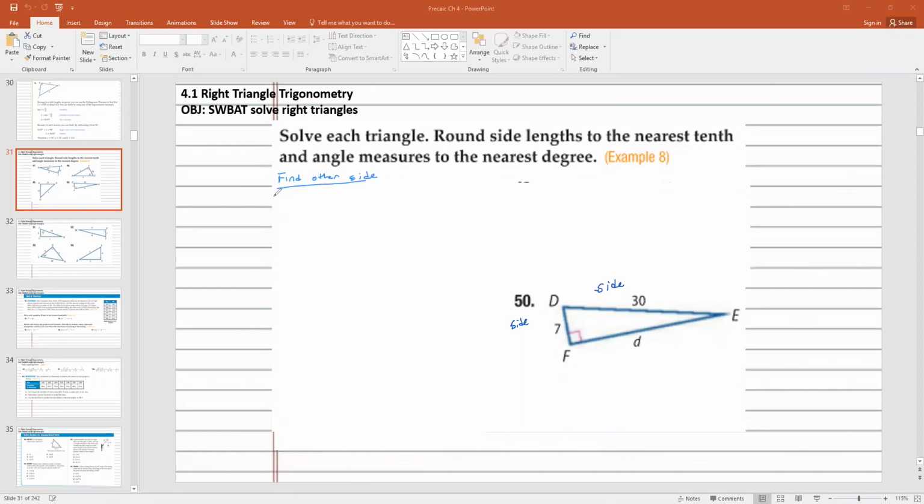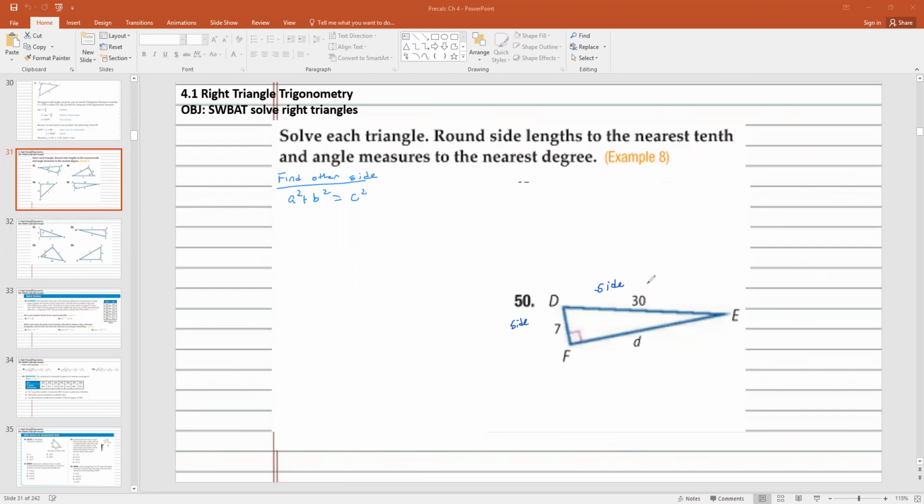All right. Now we have a right triangle. We have two sides already. Hey, let's use the Pythagorean theorem. A squared plus b squared equals c squared. The only one that's really important to note is the c. C is the hypotenuse. The little square always points to the hypotenuse, which is 30.